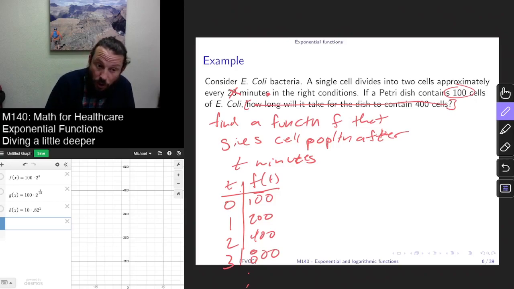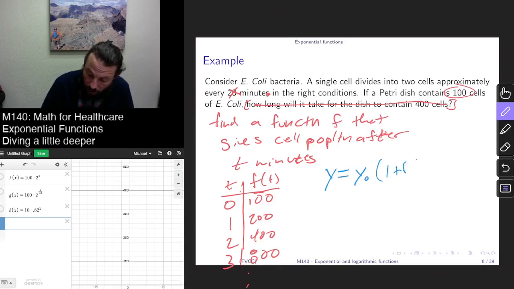Recalling that anything raised to 0 is 1, we remind ourselves of our formula. I'm going to write down y equals y naught, that's the initial amount, which in this case is 100, times 1 plus r, the rate, all raised to the t. R is 1 here because it's 100%.